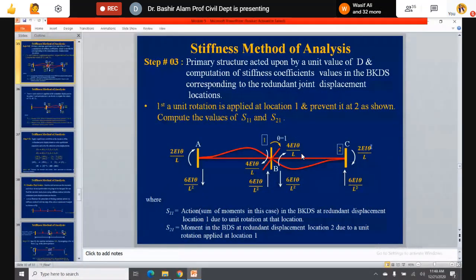S21 will be corresponding to D2 due to 1, and that is 2EI theta divided by L, this action produced. That you can easily calculate now. And remember, this is a standard now. When theta is given at the near end, it will be 4EI theta divided by L in the same direction, remember.